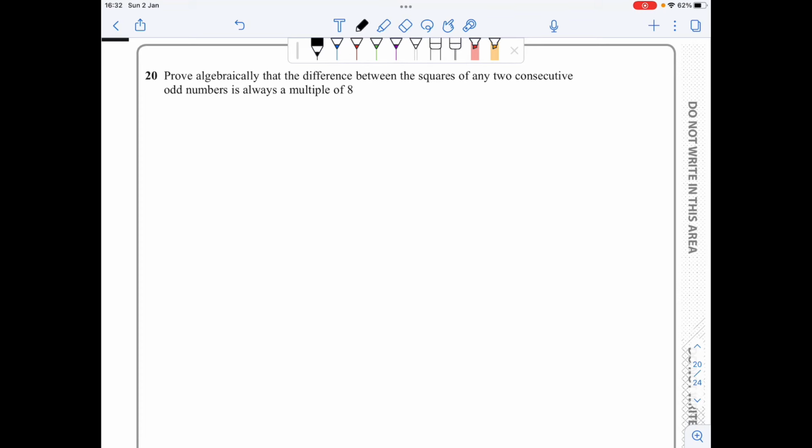For question 20, I will let the two numbers be 2n plus 1 and 2n plus 3. Note that other possible numbers can be used, like 2n minus 1 and 2n plus 1. I'm going to do that at the end of the question so you can see that as well.